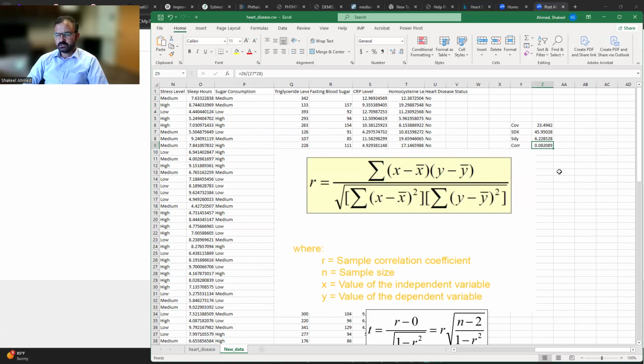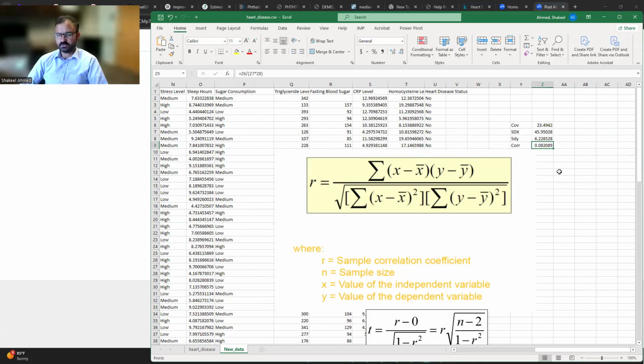When it ranges from less than 0.20 or greater than minus 0.20, we can say that the correlation is very low. If it ranges from 0.2 to 0.5, it's slightly high, and then moderate, then strongly high, and then perfect correlation, that is 1 and minus 1.